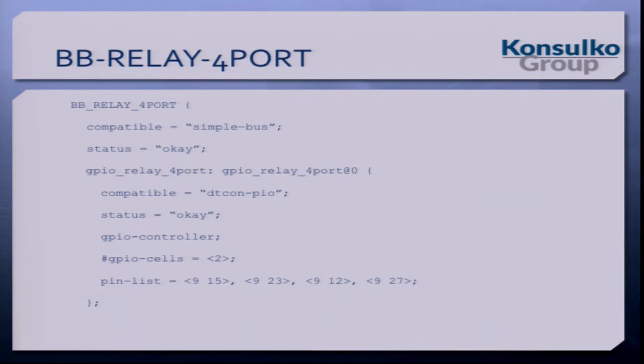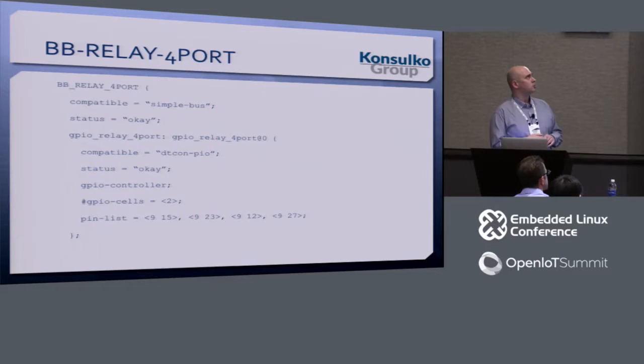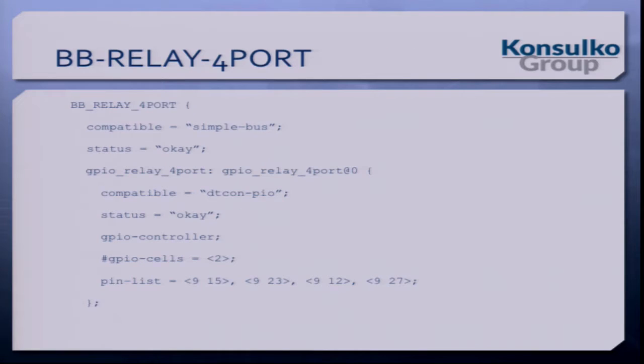This is an example of an expansion board with a relay having 4 ports. How you describe it: you say that's a simple bus, because you have more than one device that you want to instantiate. The first device is a GPIO controller, just using those pins that you want to use, which are P915, P923, P912, P927.